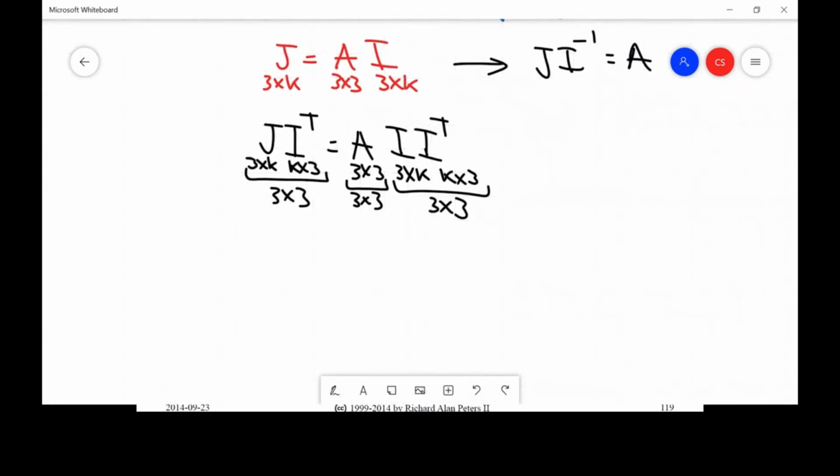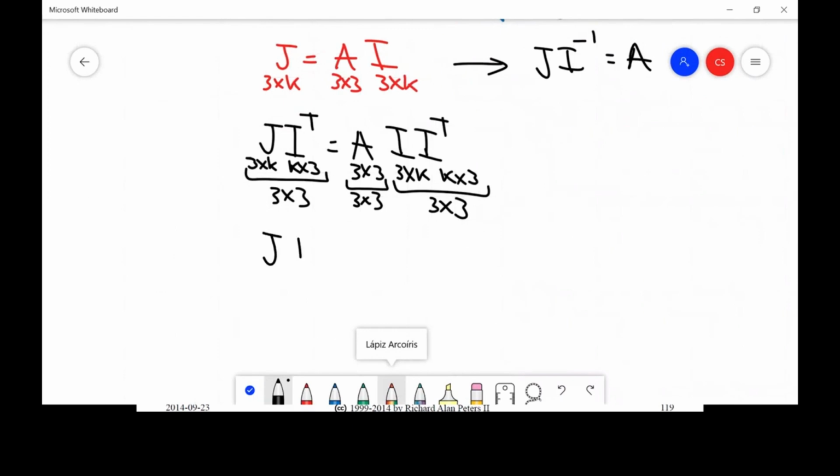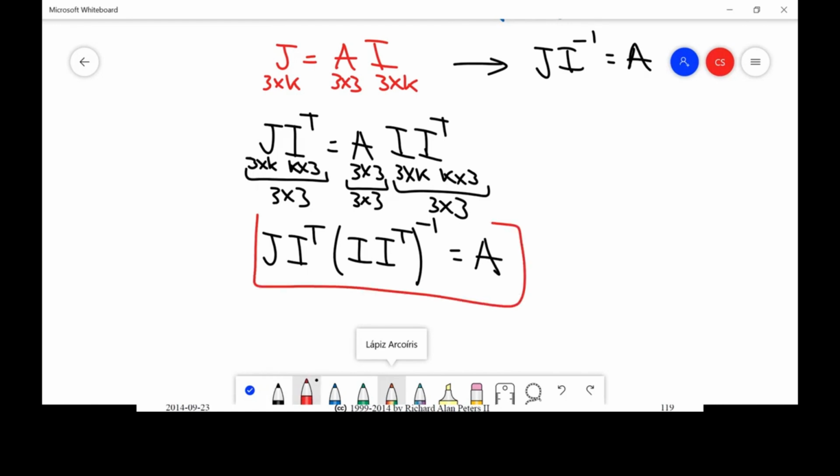I transpose and then I I transpose inverse. That is equal to A. Now you have solved the equation system. So now I have found the A that minimizes that sum there.